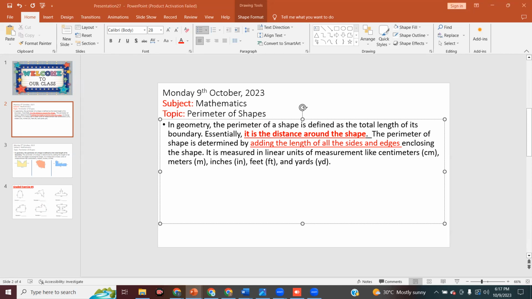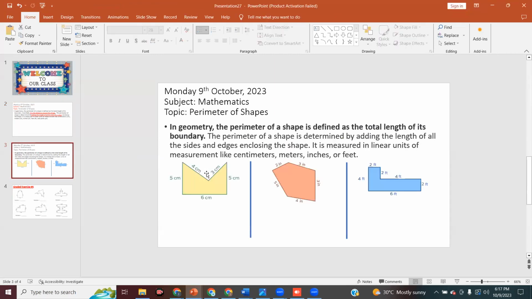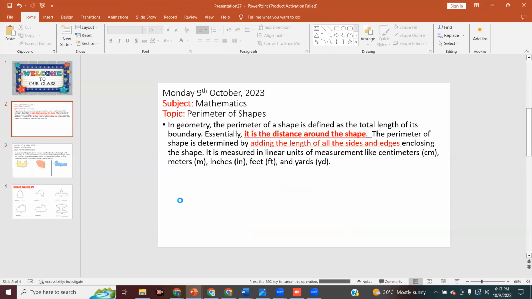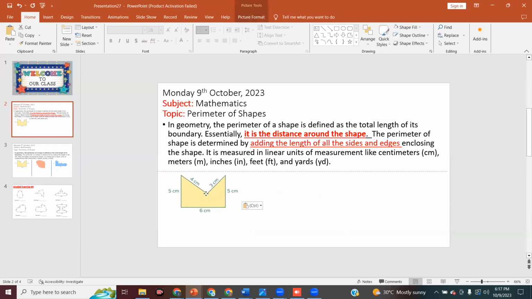Okay, Nevaeh, I hear you. Okay, so let's move on to finding the perimeter of our first shape. I'm going to put a shape on the screen. This is the shape that I have on the screen right here. I want you to find the perimeter of the shape.